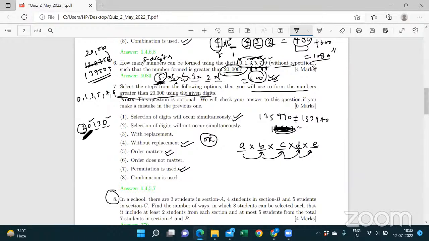If I'm not wrong, suppose you are fixing the 2 at the first place and doing it for the remaining 4 digits, then you will get 6 into 5 into 4 into 3, right? Yes, sir. Then it will be 360, right?